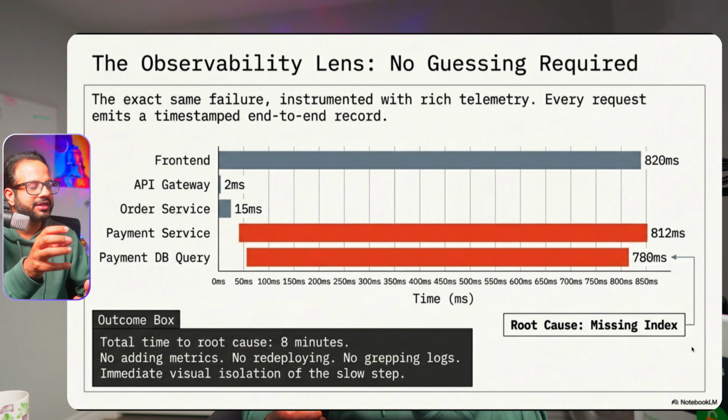That means we not only know the entire latency of the request, but we know the latency at each and every layer, at each and every service. So we get the response back at 820 microseconds, but we also know that the payment service took 812 microseconds because the response it was getting from the payment DB took 780 microseconds. So there is the gap.